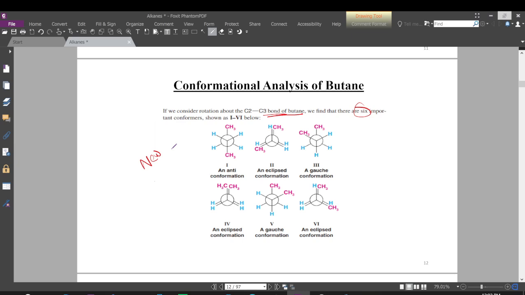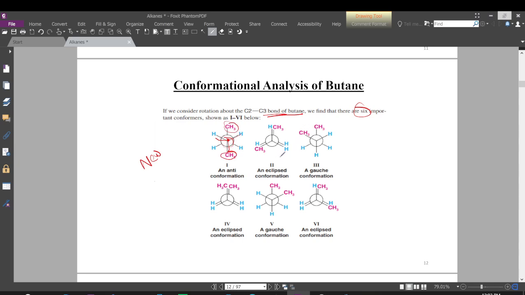In the first structure, this front carbon has one carbon-hydrogen bond and a CH3 bond, and the other carbon, the circle, has the same bonding, but the methyl group is opposite to the other. That's why it is called the anti conformation.